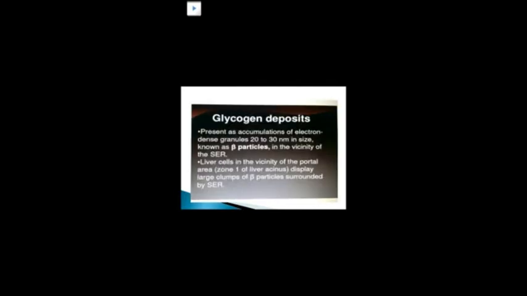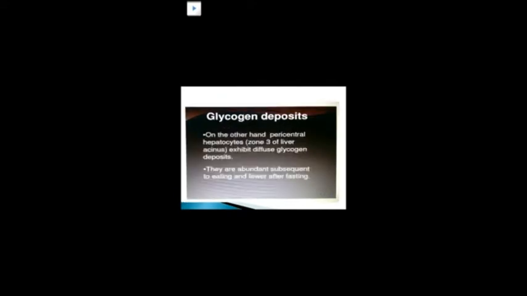Glycogen deposits can also be seen here in these particular cell organelles. Present is accumulation of electron dense granules. So the liver cells in the vicinity of the portal area, that is zone 1, display large clumps of beta particles. On the other hand, pericentral hepatocytes, that is zone 3 of the liver, exhibit diffuse glycogen deposits.